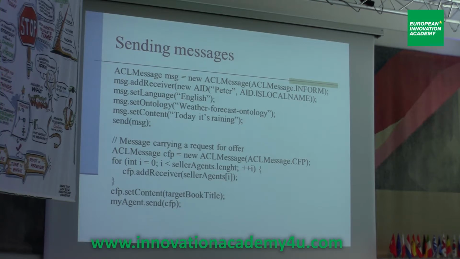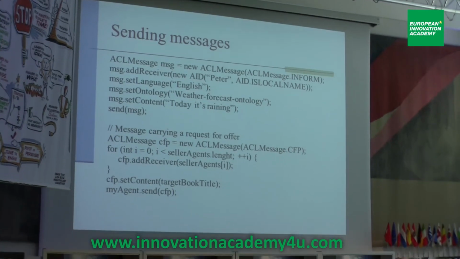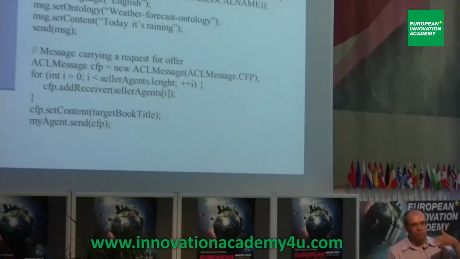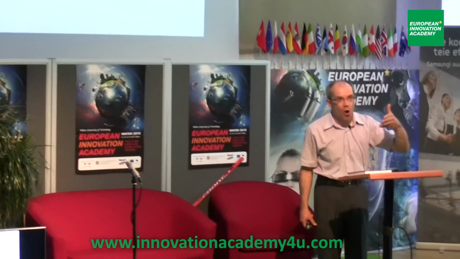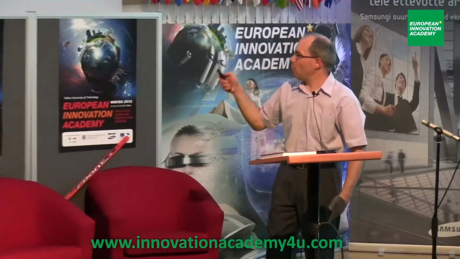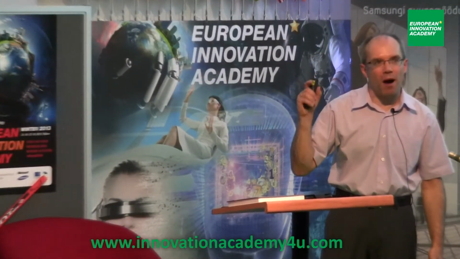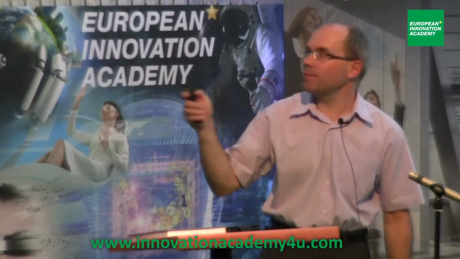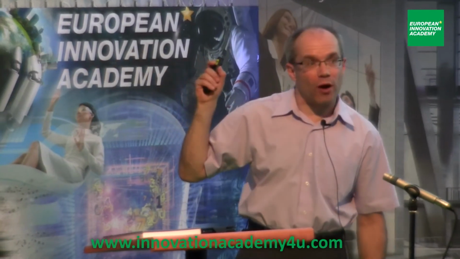An ontology is very important here. It is something that both agents need to be aware of in order to successfully interact. It is the common framework for understanding the world for both agents. So ontology is always a part of any agent message, because we're talking about software agents.